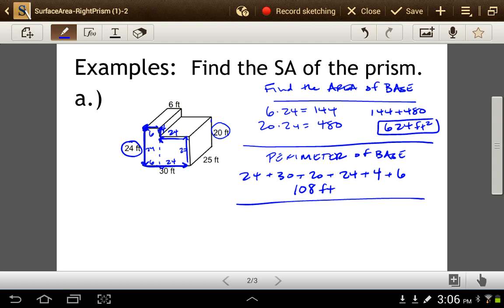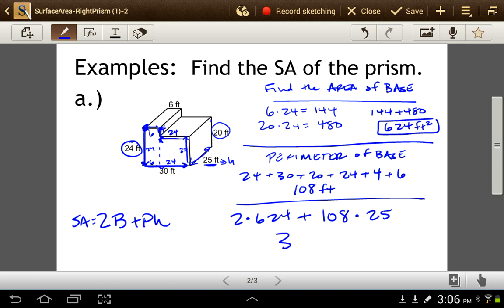The height of the shape is easy. Remember, the height of the shape is the distance that connects our bases. So that's our height, and now I can use my formula. My formula was 2B plus Ph. That is my surface area. So I'm going to do 2 times the area of the base, 624, plus the perimeter, 108, times the height, which was 25.